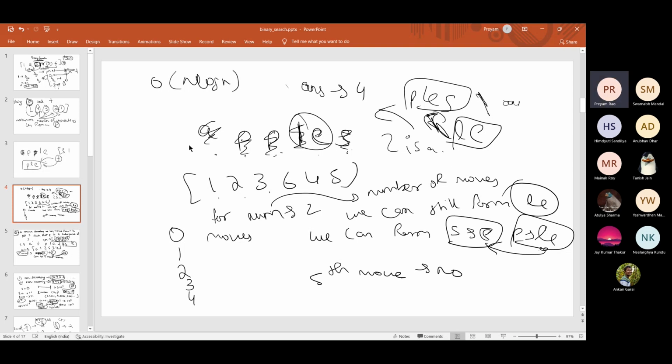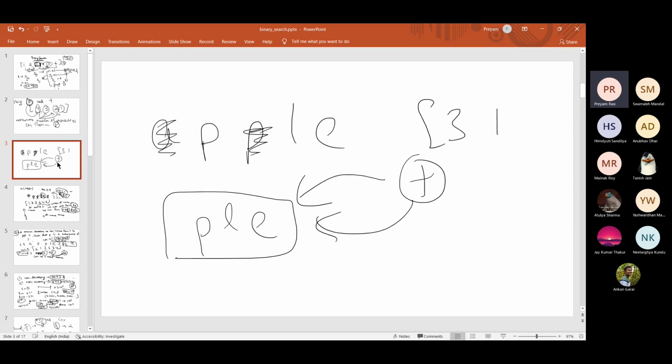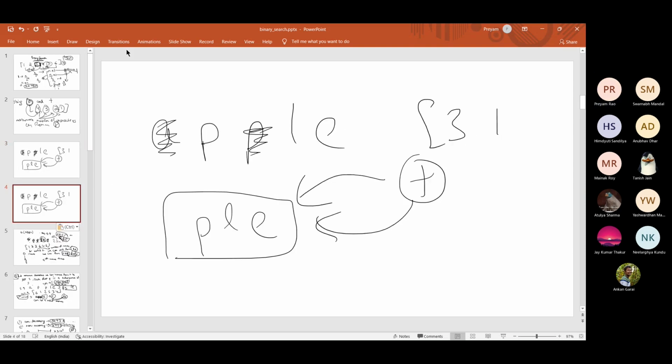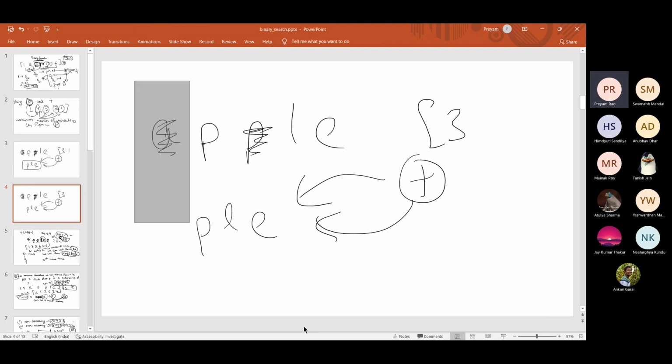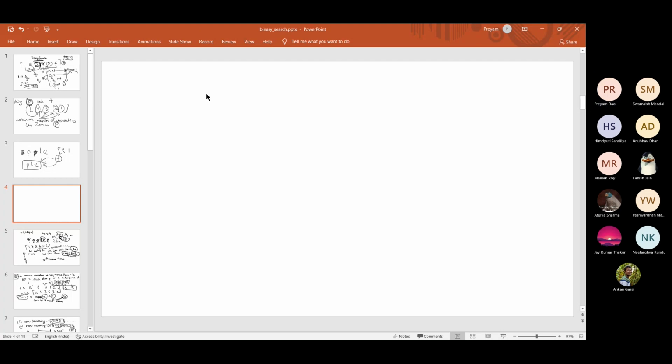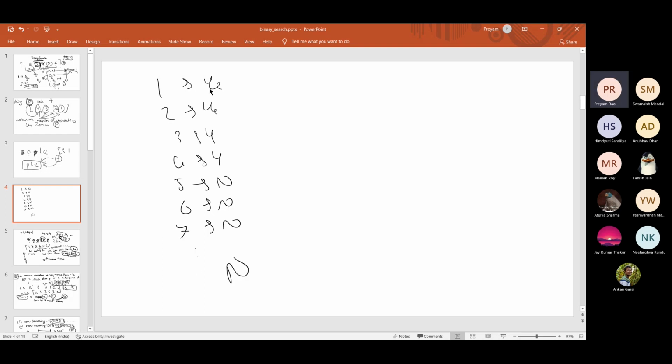Notice that even though it's not exactly a typical binary search, the function is first yes, then no. So for 1 it is yes, 2 yes, 3 yes, 4 yes, 5 no, 6 no, 7 no, and all the nos come after the yeses.